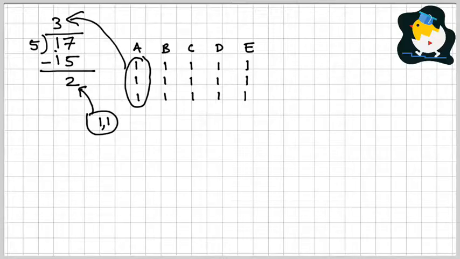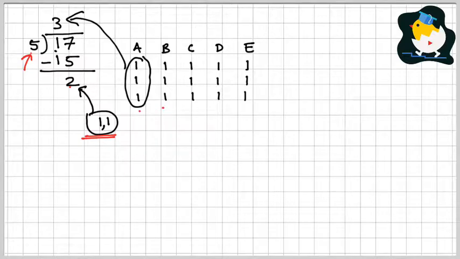Now, my question is, can this remainder be equal to or greater than divisor? In this case, if we are dividing by 5, can the remainder be 5 or greater than 5? Obviously, you can understand it cannot be. Why? Because if 5 or more things are remaining, then we can distribute it again once, right?